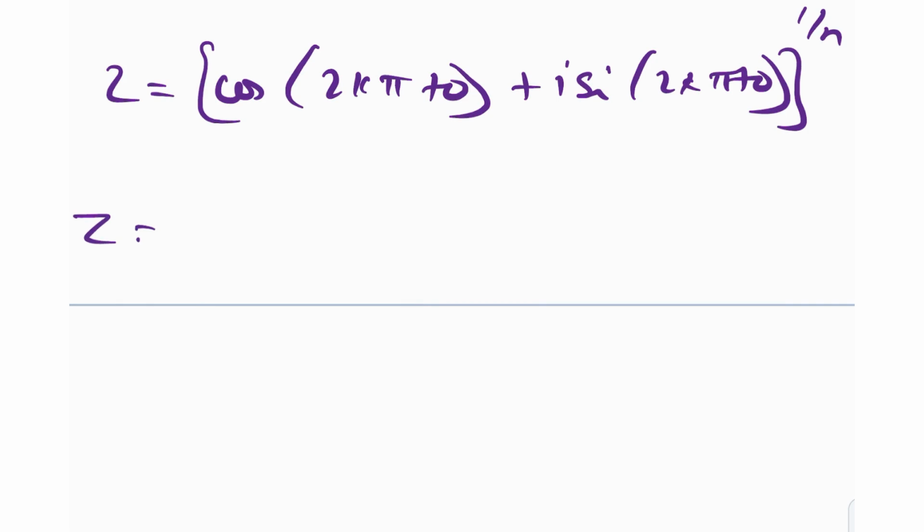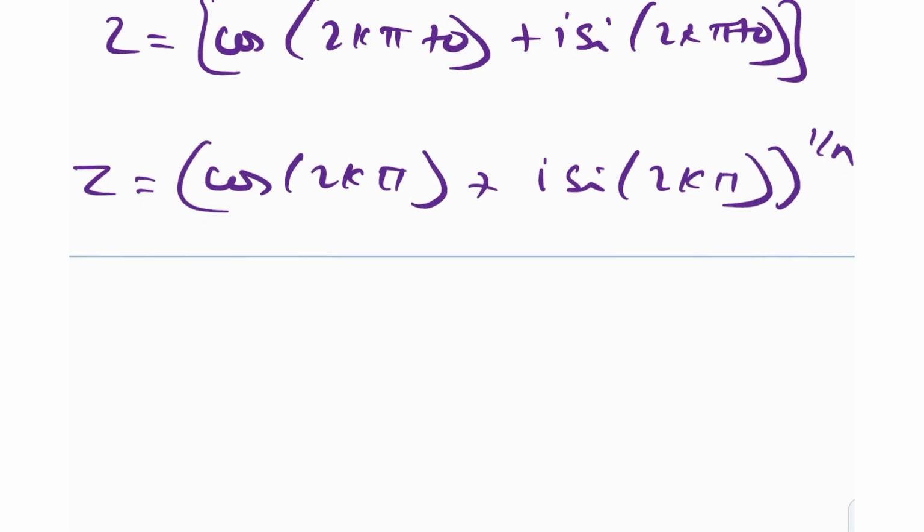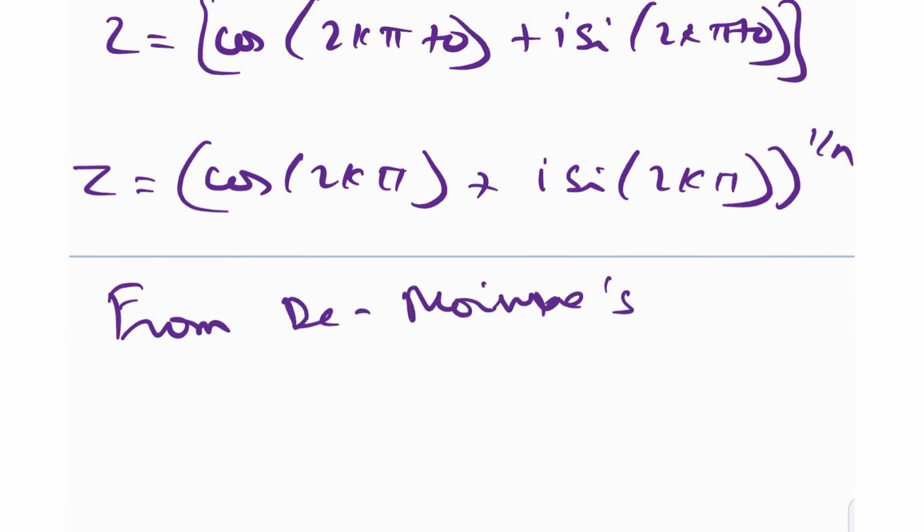So then z essentially becomes (cosine 2k pi plus i sine 2k pi) whole raised to the power 1 by n. And from De Moivre's theorem, if you remember De Moivre's theorem, like I said before, the exponent gets distributed in the angles.